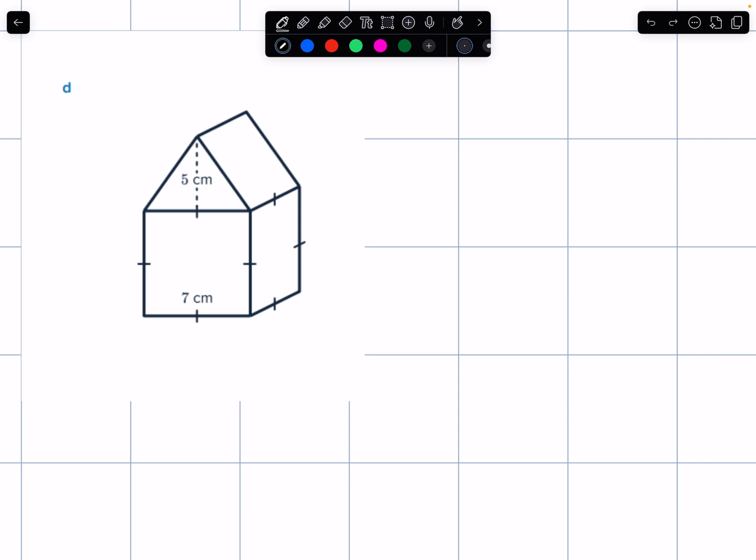Now, if you've already attempted this problem, you will need to have actually used Pythagoras to be able to determine what the length of this side is here, because it isn't given. And you need to know what that is to solve for the area of the top rectangles. But for the sake of this question, we're going to say that these are all 7 centimeters.